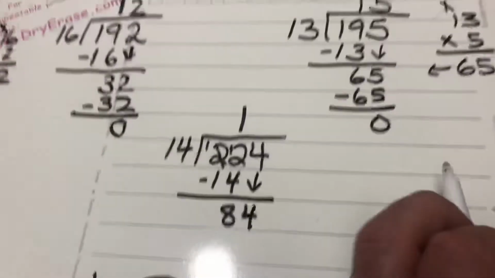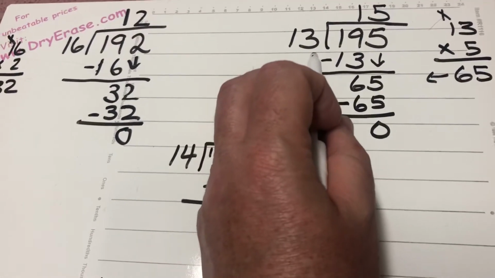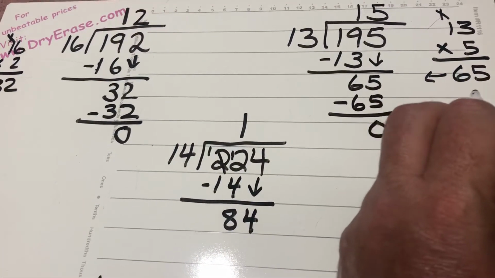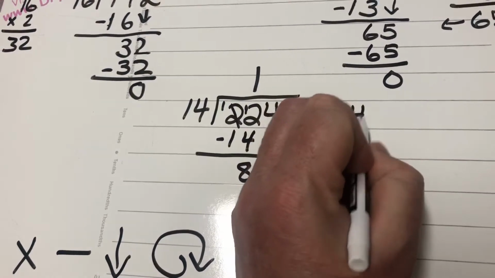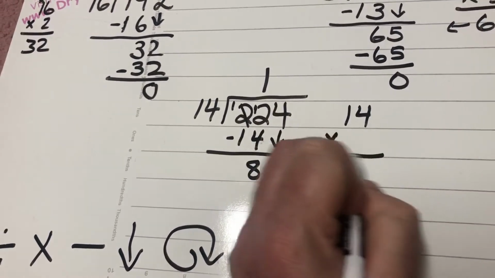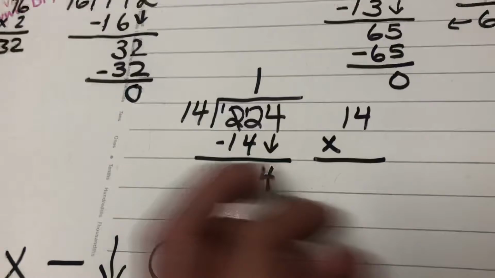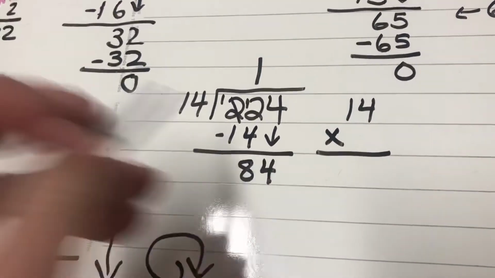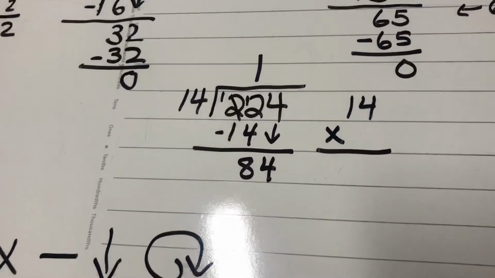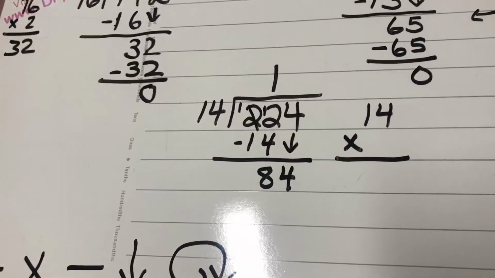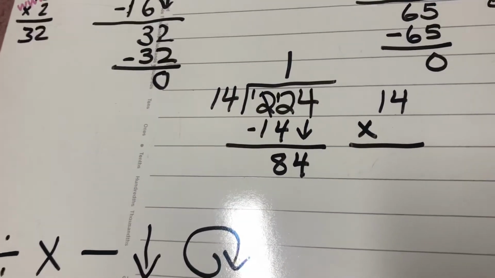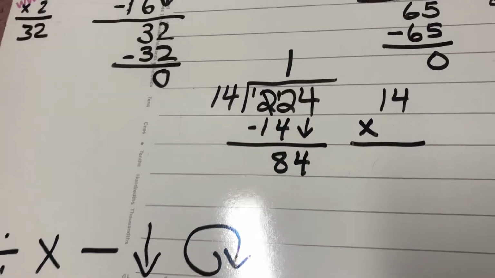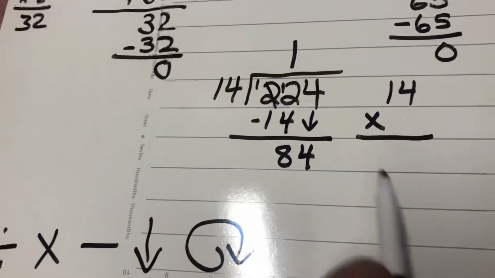Well, the same trick I used up here with the 3 and something that ended with a 5, I'm going to have to do the same thing. 14 times something, I'm after 84. So I'm thinking of my 4 times tables, and when I get something that ends with 4. Well, 4 times 1 is 4, but I know 14 times 1 is 14, so I can skip over that. 4 times 2 is 8.